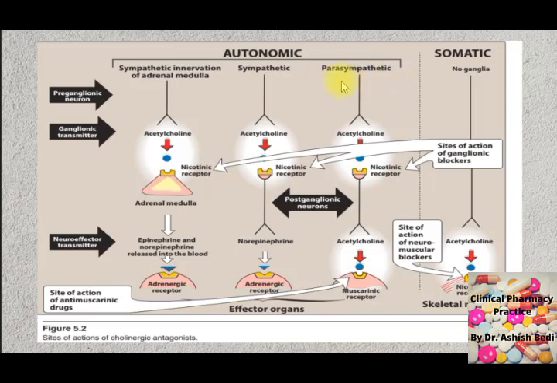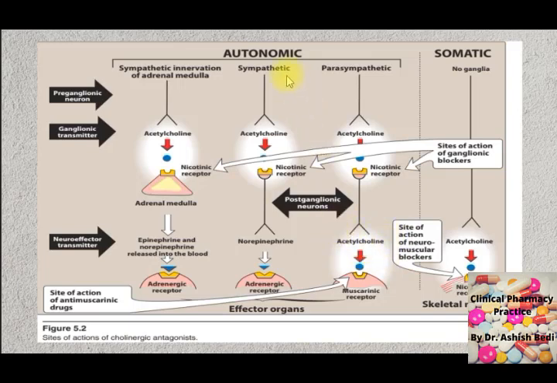For the parasympathetic nervous system, the main neurotransmitter it releases is the major neurotransmitter. How will you determine the major neurotransmitter? It is the last neurotransmitter it releases. We will understand it.